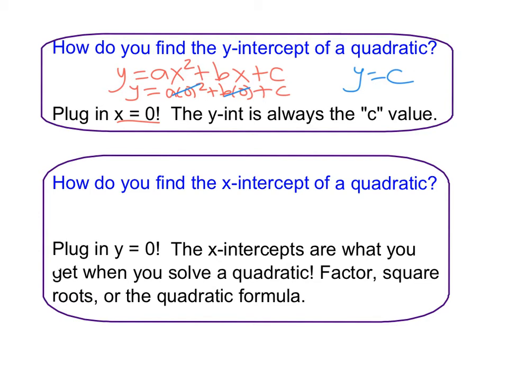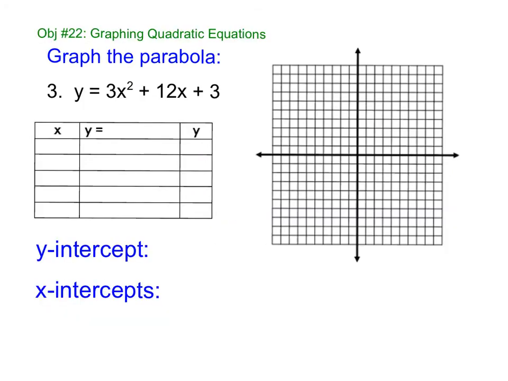Those are the methods we were practicing so that we could find the zeros, where this crosses the x-axis, because 0 equals ax squared plus bx plus c. We now know how to solve that. Okay, so pause. I want you to graph it like normal, and then write down what is the y-intercept and what are the x-intercepts.